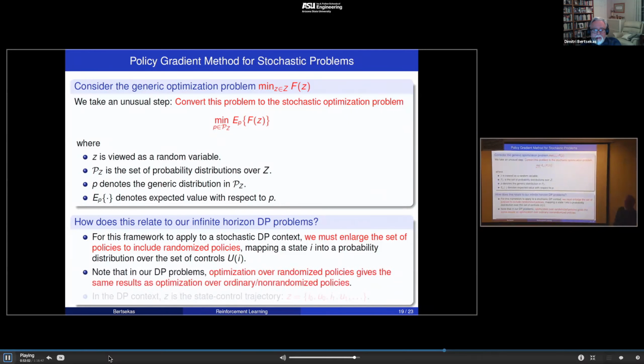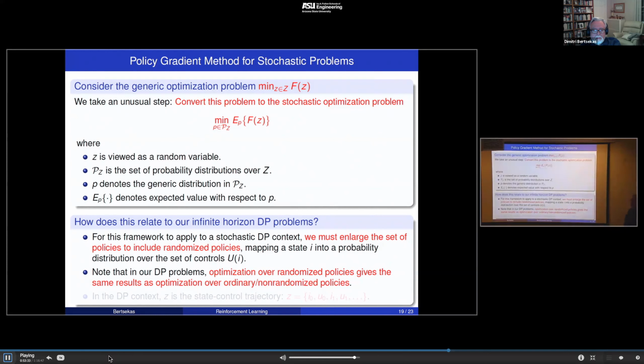Now, one thing to note is that in exact dynamic programming, in the problems that we have considered, discounted and stochastic shortest paths, optimization over randomized policies gives you the same results as optimization over the ordinary non-randomized policies. In other words, you get the same optimal cost, and also the non-randomized optimal policy is also optimal for the randomized problem.